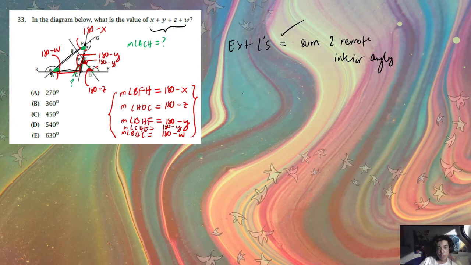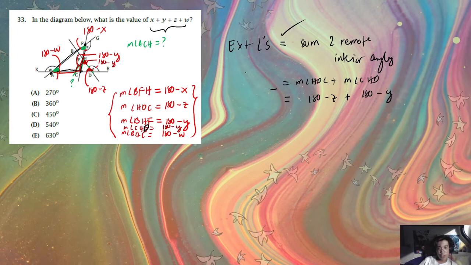We have the measurement of angle HDC plus the measurement of angle CHD. What's the measurement of angle HDC on this problem? HDC measures 180 minus z, plus the measurement of angle CHD, which is 180 minus y.